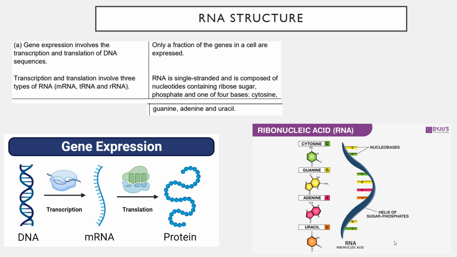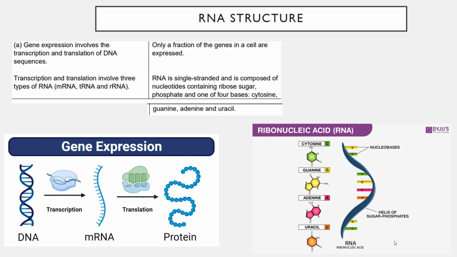The cell has another big problem. Its DNA must remain in the nucleus at all times. It has to be protected, kept safe. But the site of gene expression, where the proteins are built, is the ribosome. Those ribosomes are within the cytoplasm. So DNA can't leave the nucleus, but proteins are built in ribosomes.